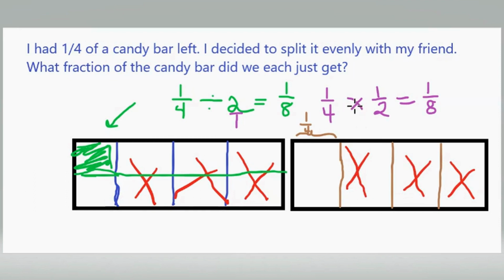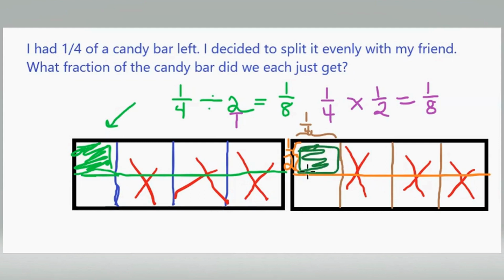Okay. And then we're going to multiply it by 1/2, which means now we have to split this in half. So if you're thinking about this side of the rectangle, now you need 1 box out of 2. So that would be this side right here, which would be labeled 1/2. So here we have our answer.